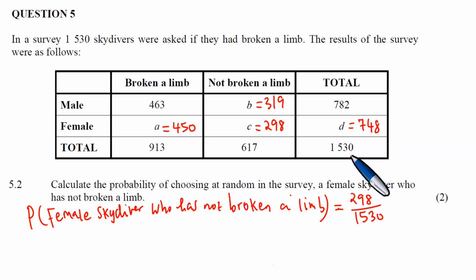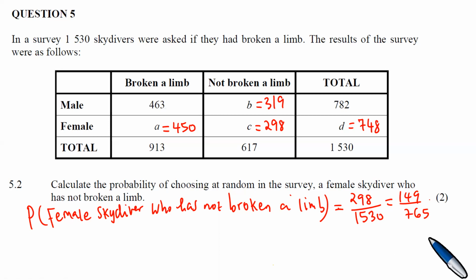If you simplify this here, this simplified fraction is 149 divided by 765. Okay. So that becomes the answer. There comes the answer.